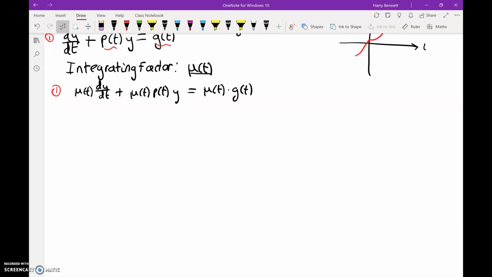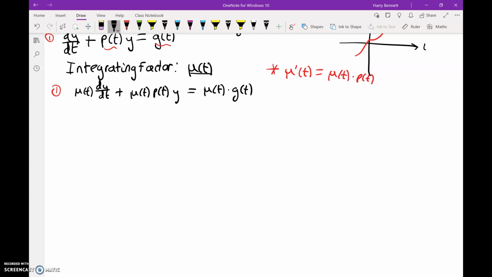Now this is where the key part comes in. We don't know what mu is, but we will show how to get mu at the end. This is the important part: we're going to say that when we differentiate mu, we must obtain mu of t times p of t.